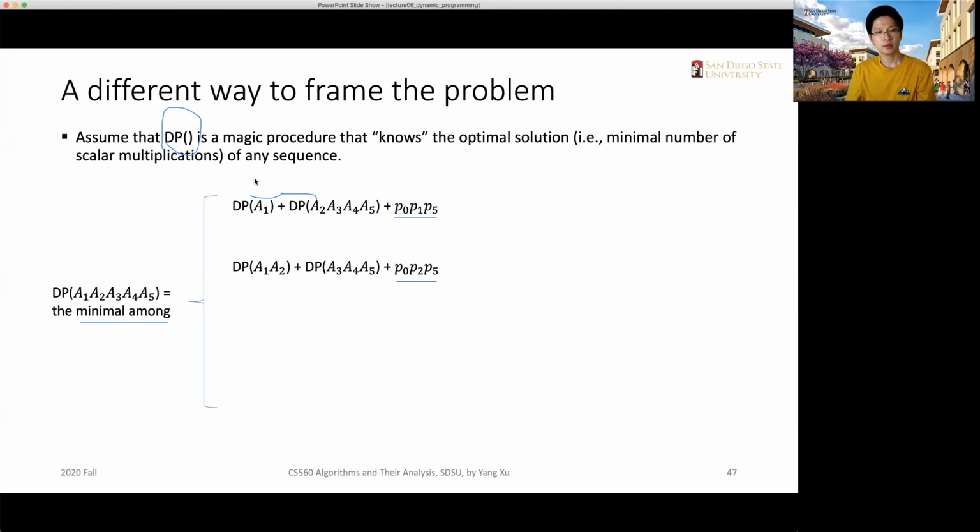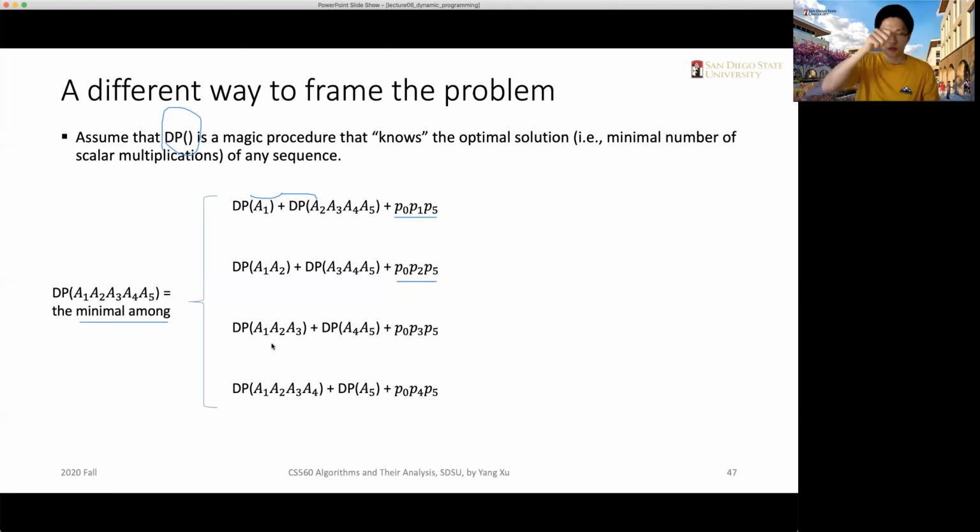The rest of the choices are something you can infer yourself, because we are basically defining choices by the position of the last layer of parenthesization. Now let's look at these subproblems again. As an example, we can look at dp from A2 to A5.